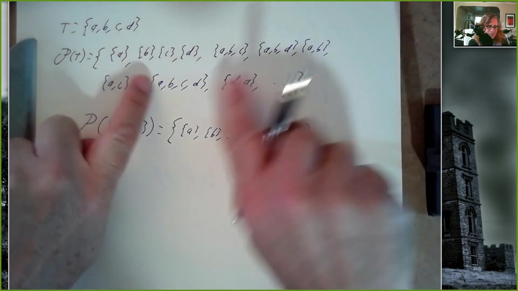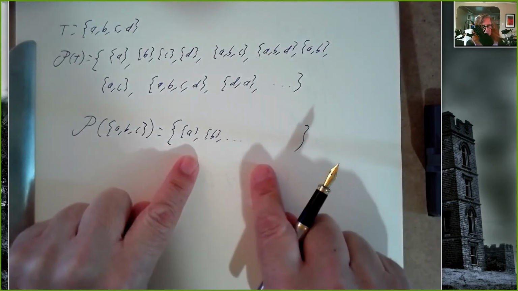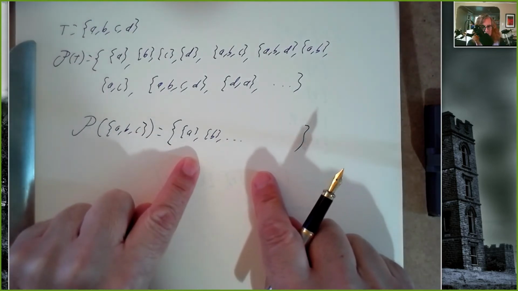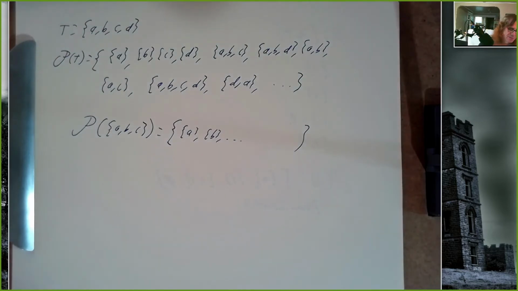Every element in here is a set of letters. This is a set of sets. And that's an important difference, actually. Does that make sense? Yes, thank you. Okay, we'll dig into that example in a few minutes.